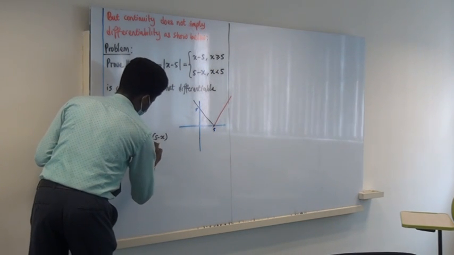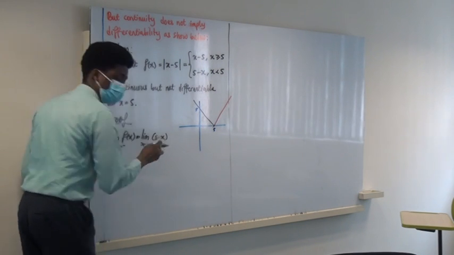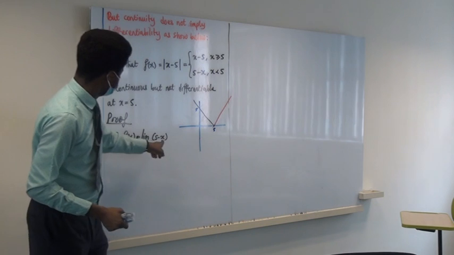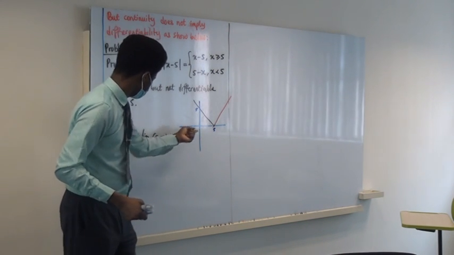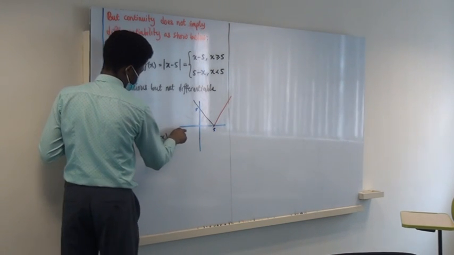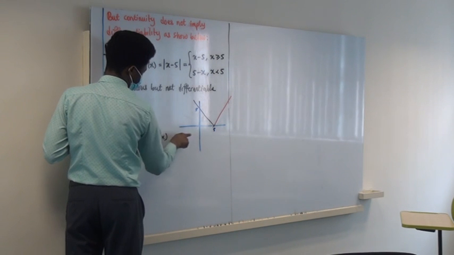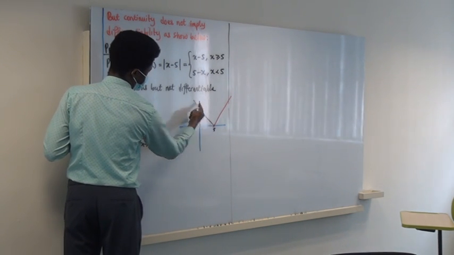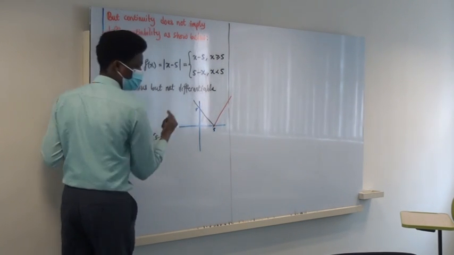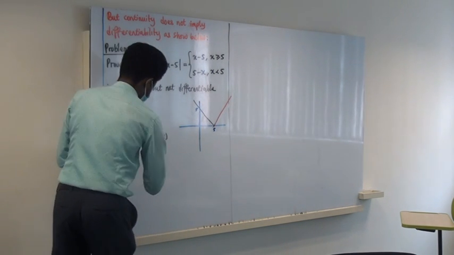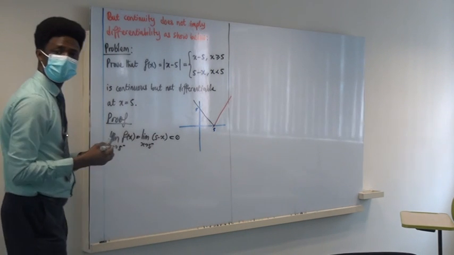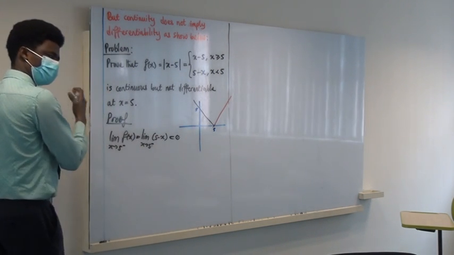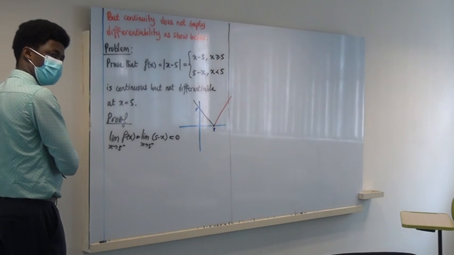You see, there will be different functions for different range of values. Am I making sense? If you look at it from below, as this x moves close to 5 from below, this is moving close to what? Say that again? 0. It's moving close to 0. Are you with me? So, we know that the left-sided limit exists.